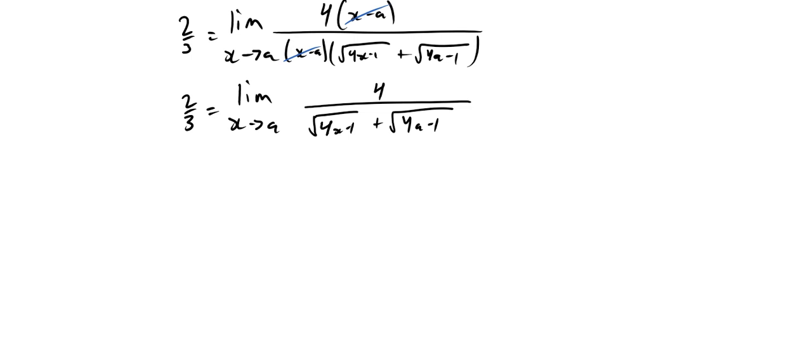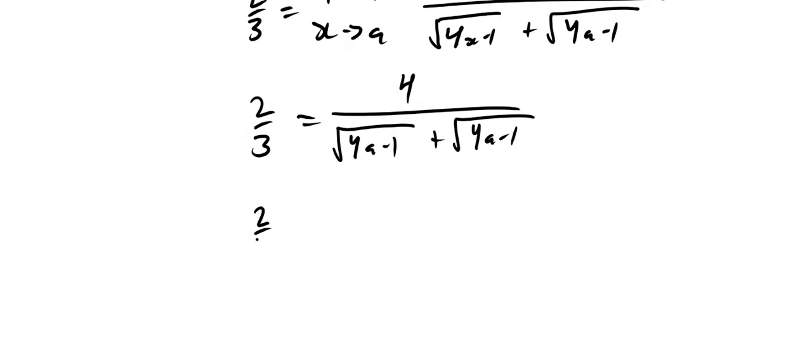Look good? So this is a step where we can sub in, and I get 4a minus 1 plus 4a minus 1, so I get 2 square roots of 4a minus 1.